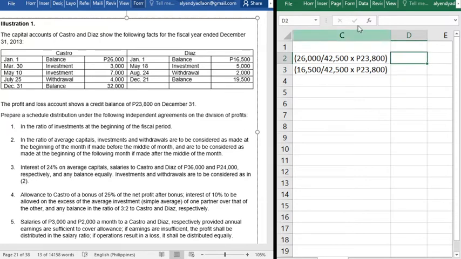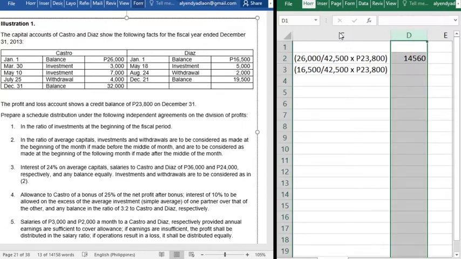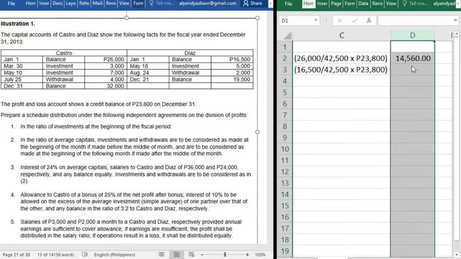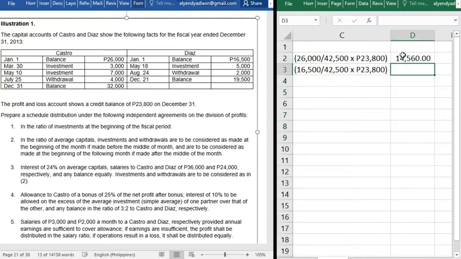Okay, let us solve. We have 26,000 divided by 42,500 multiplied by 23,800. That is 14,560. Therefore this is the share of Castro in the profit.